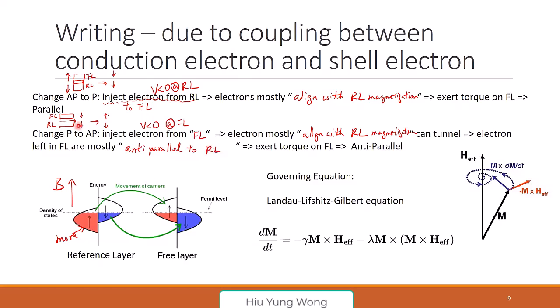I have electrons pointing down and also pointing up, but most of the electrons pointing down can tunnel to the reference layer. I only have some left behind that are anti-parallel. Because I have so many anti-parallel, they exert the torque through this equation, and then you flip it to another direction. Is this okay?